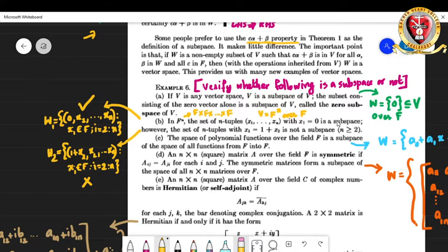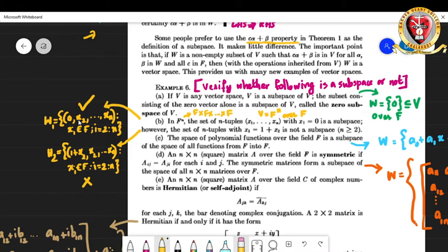The first property is definitely the additive identity, which is the n tuple which has all entries 0. Every n tuple inside W1 will have its inverse. Just make the negation of the entries and add, you get 0, right?